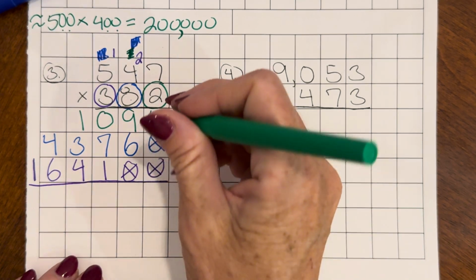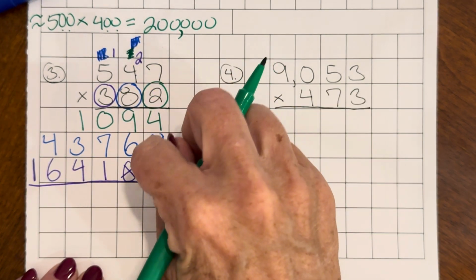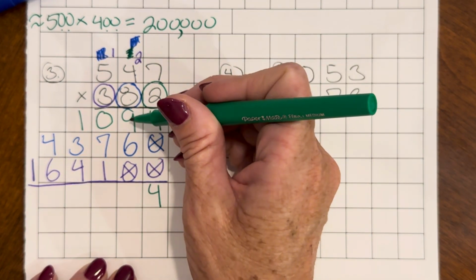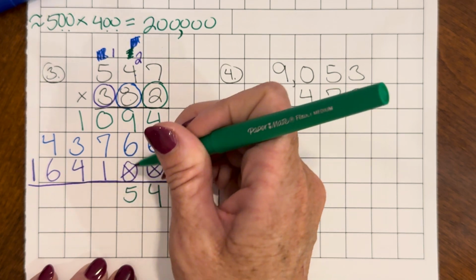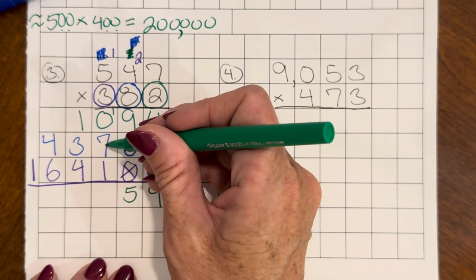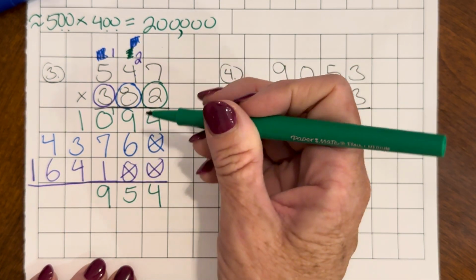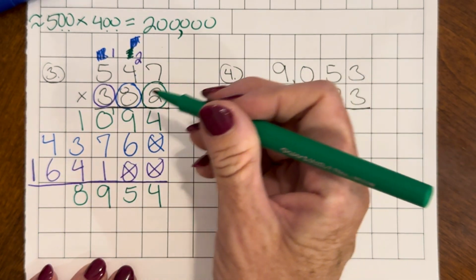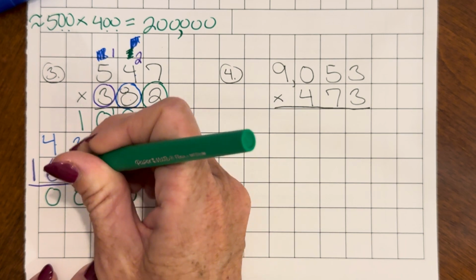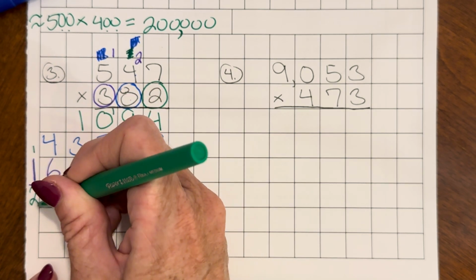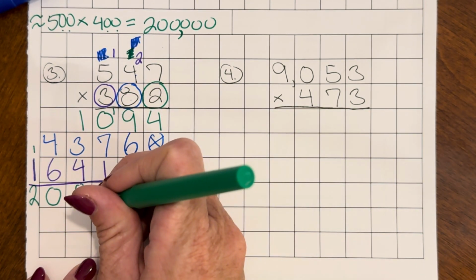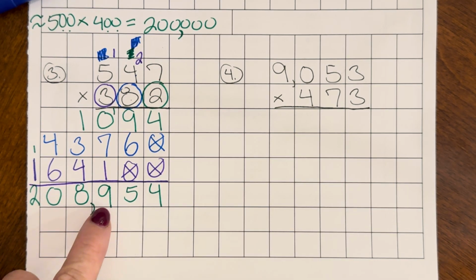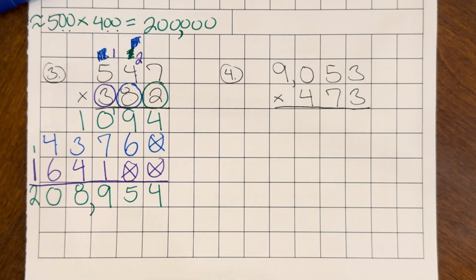So of our 3 partial products, that's what we're adding now. 4 in this column, 9 plus 6 is 15. 7, 8, 9. 1 plus 3 is 4, plus 4 more is 8. 4 plus 6 is 10, and 1 plus 1 is 2. So our actual product is 208,954, which was pretty close to our estimate.